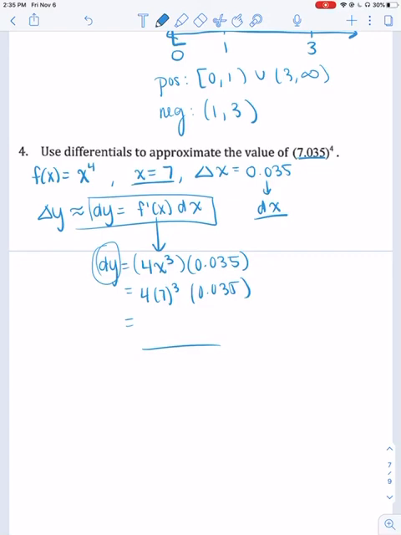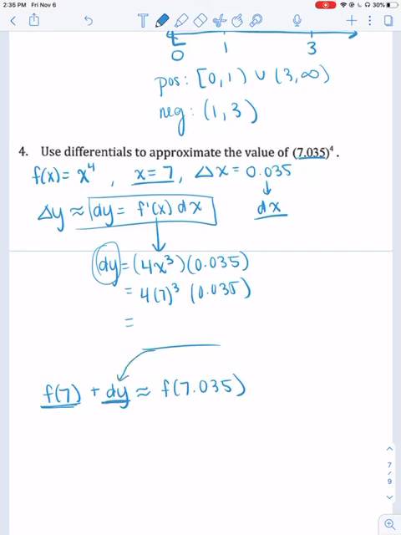What you're going to do now is find your actual f of 7, and then add the dy to it. That will be approximately f of 7.035. Because you're just saying, what is this y value, and then what is the approximate change in y?